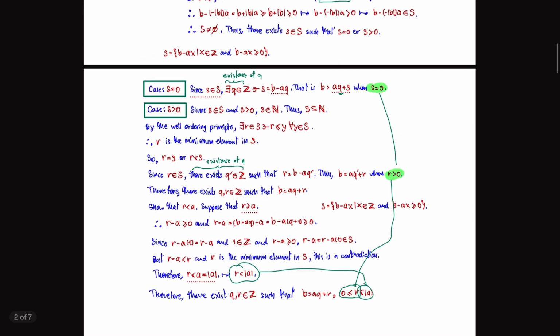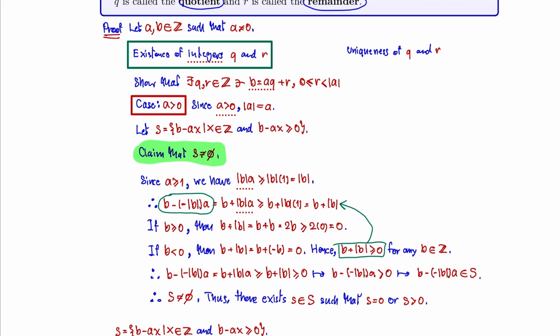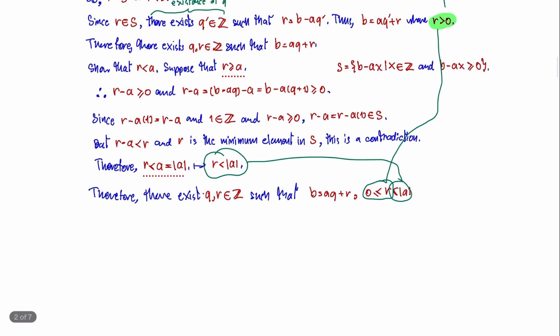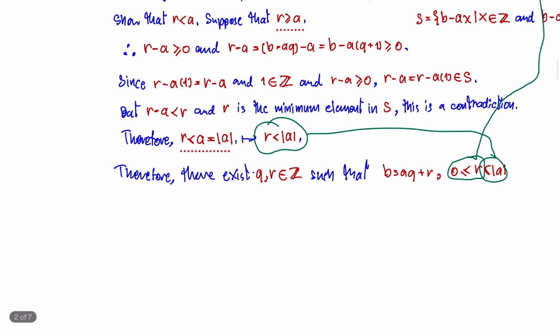Now, what can we do next? This is just the case where A is greater than 0. What about the case where A is less than 0? Okay, let's do it. The case where A is less than 0.